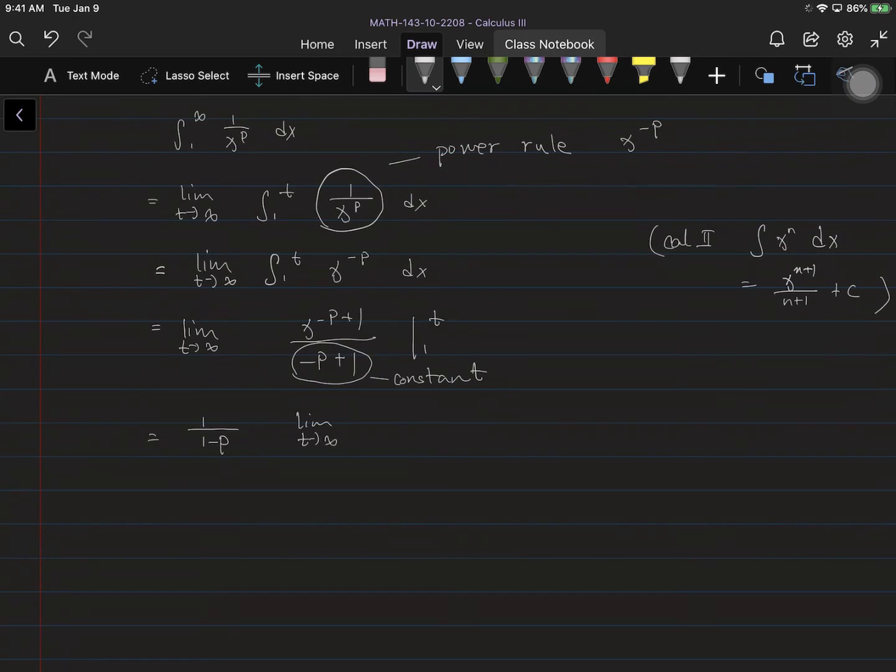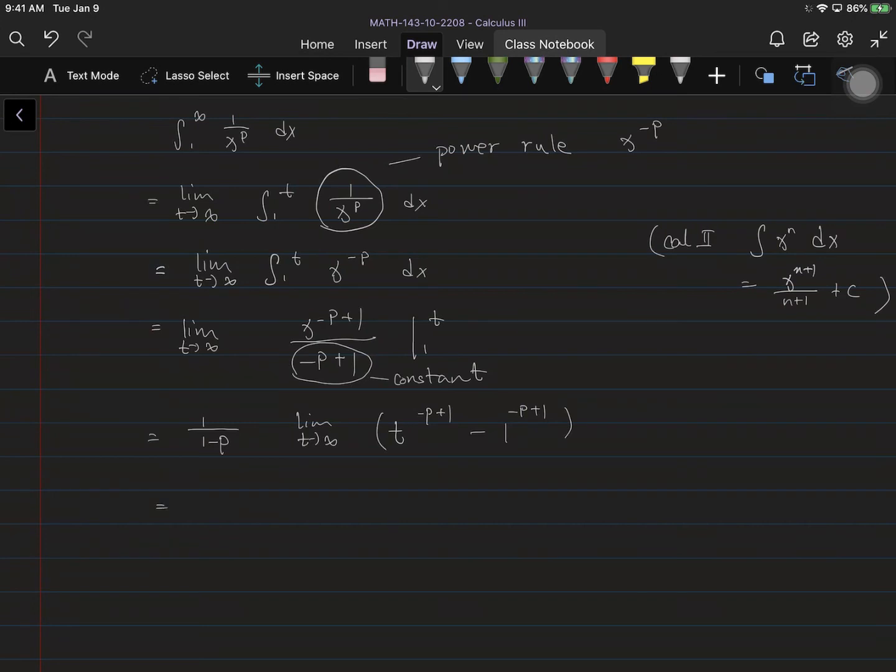Now let's plug in the upper bound and lower bound: t to the negative p plus 1 minus 1 to the negative p plus 1. Actually, 1 to any power is 1.